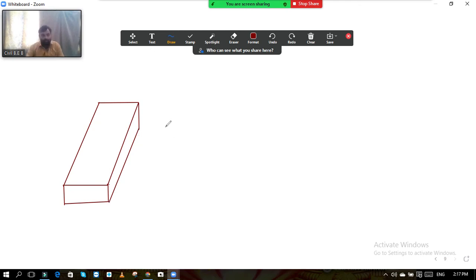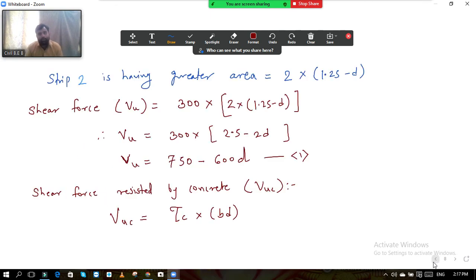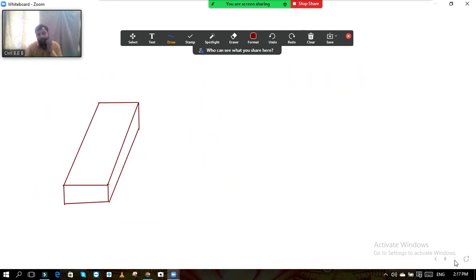Now see, this is the strip. So what is our dimension? It is 1.25 minus d and 2. So this is your 2 meter and this is 1.25 minus d. Okay, and this is your depth d.